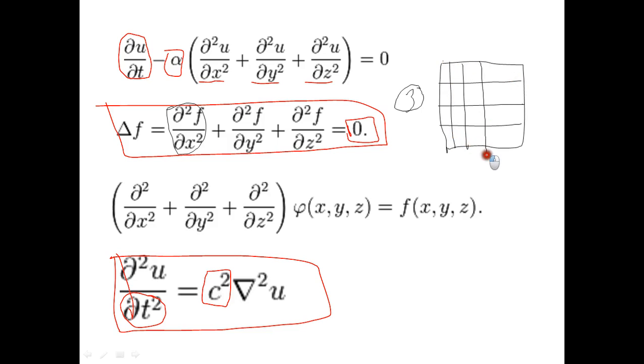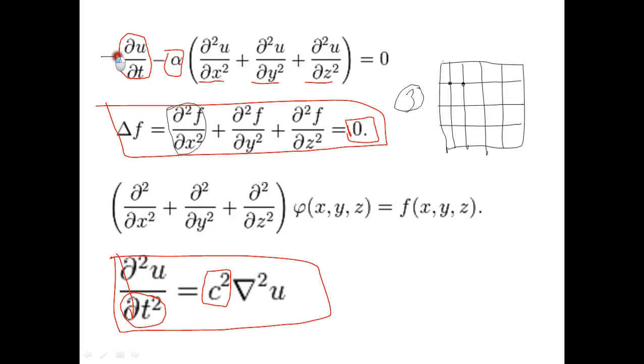Here we have many nodes, for example 1 2 3 4 5 6 7 8 9 10 11 12 13 14 15 16. We have 1 2 3 4 5 6 and 1 2 3 4 5. So we have 30 nodes here, right? We have 30 nodes here, and we have to solve this finite difference approximation.